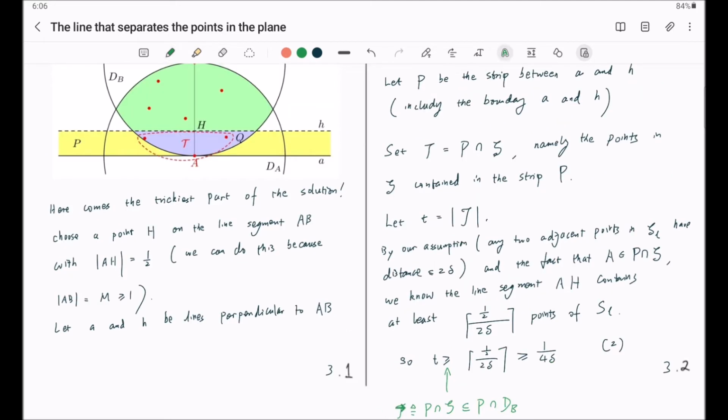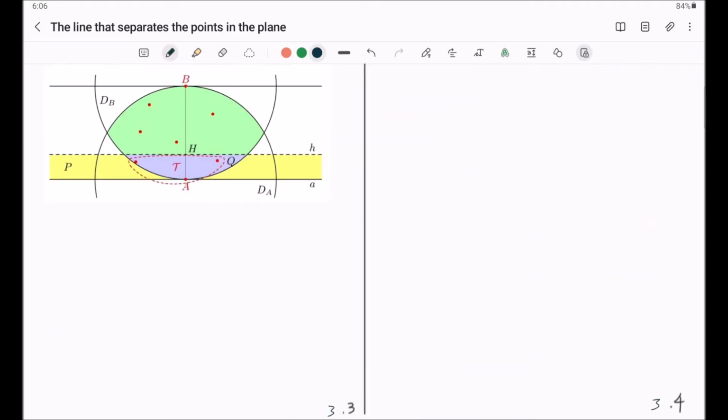So T is really contained in the strip intersection ∂B, which is this purple area. That is the basis of this inequality here. Okay, now let's move on.